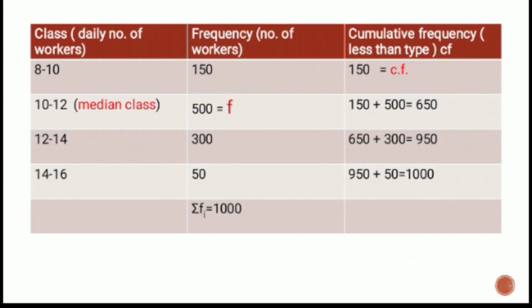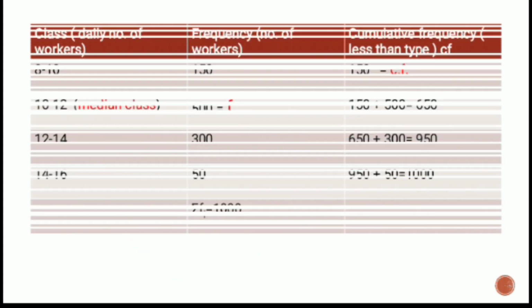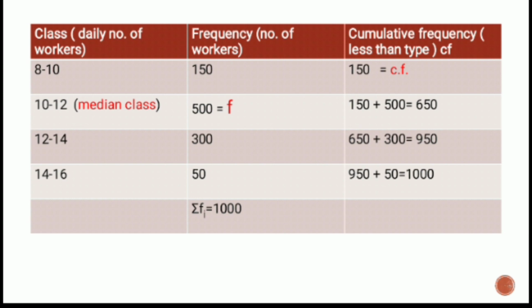Now finding the cumulative frequency. How do we find the cumulative frequency of less than type? You have seen the frequency column, where it is written as 150. So you write 150, and after that add 150 plus 500, which gives you 650.